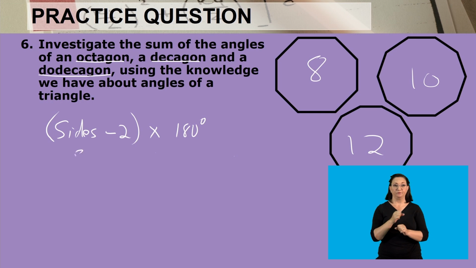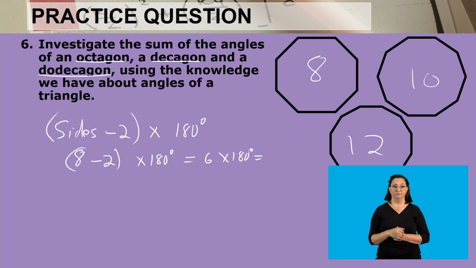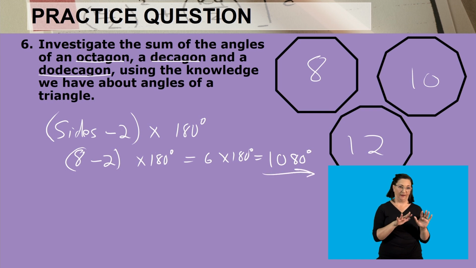We've got 8 sides, so it would be 8 minus 2, multiplied by 180, and 8 minus 2 is 6, so it would be 6 multiplied by 180 degrees. And let's press that in our calculator. 6 multiplied by 180 degrees gives us 1080. So we have 1080 degrees. So that is the outcome of an 8-sided figure.